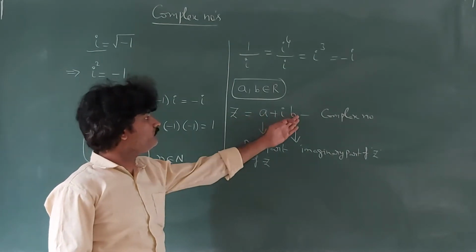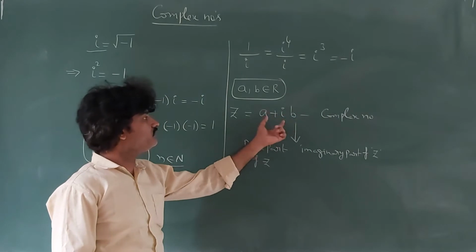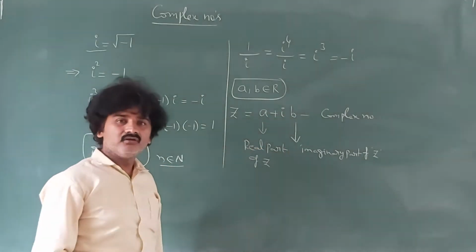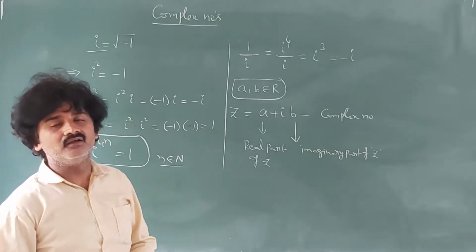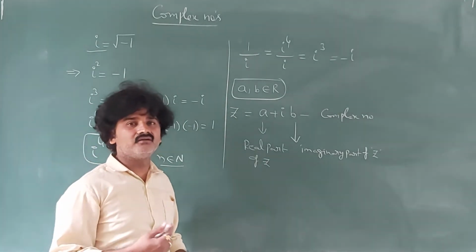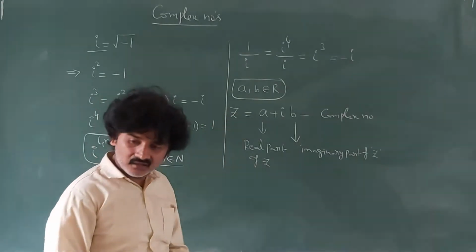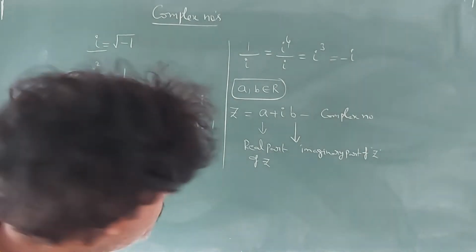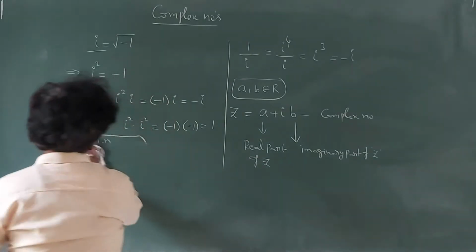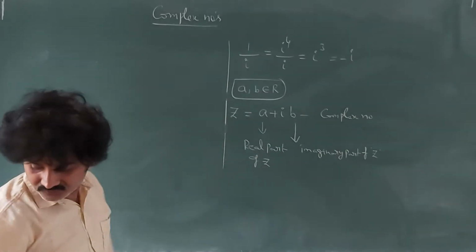Suppose a value 0, b value 0, I take, then how much will we get? 0 plus i into 0, completely 0. So 0 is a complex number which can be written as 0 plus i into 0. Okay, this is basics.